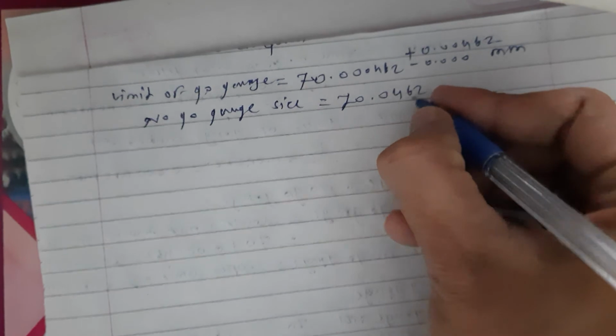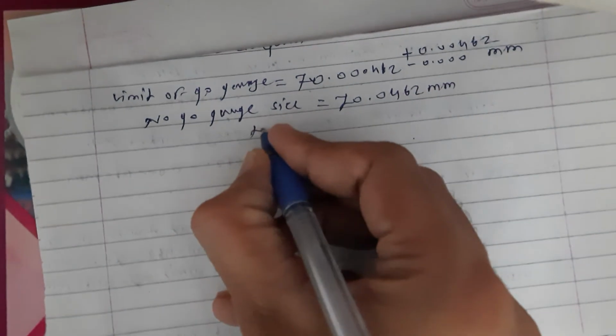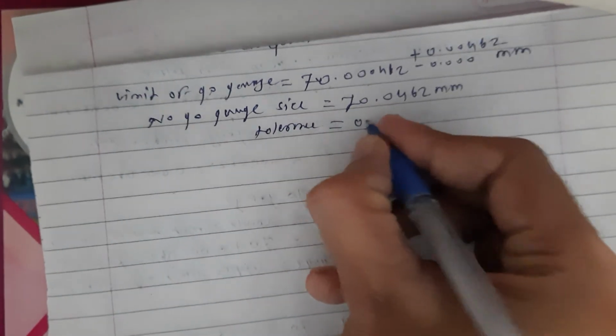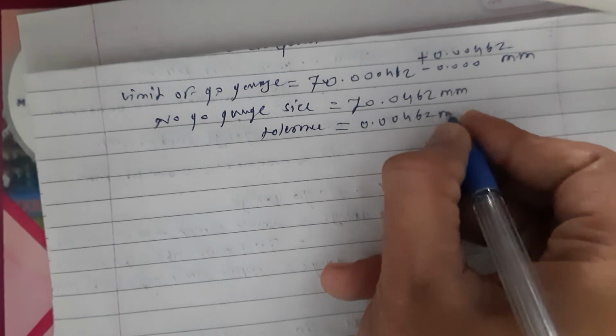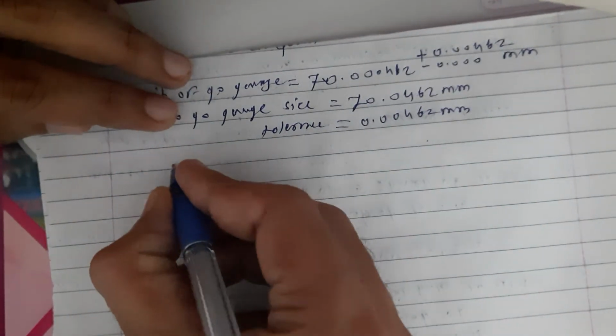And what is the gauge maker tolerance? This is the same, 0.00462 mm.